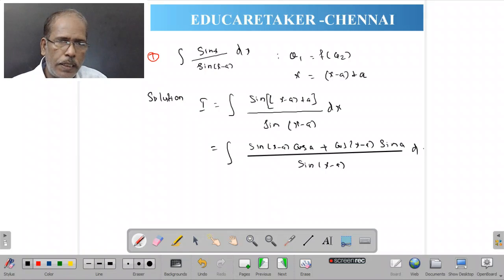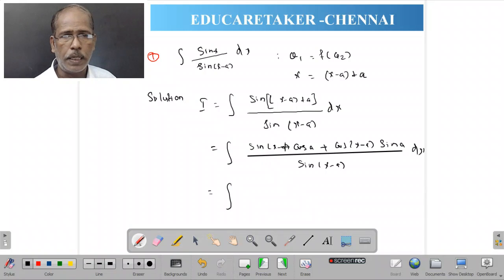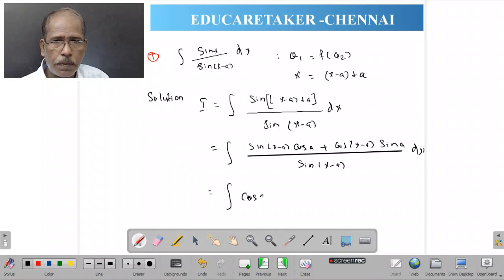There is no change in the denominator. On simplification, the first term sin of x minus a divided by sin of x minus a becomes a unit factor. Then cos a alone is left.